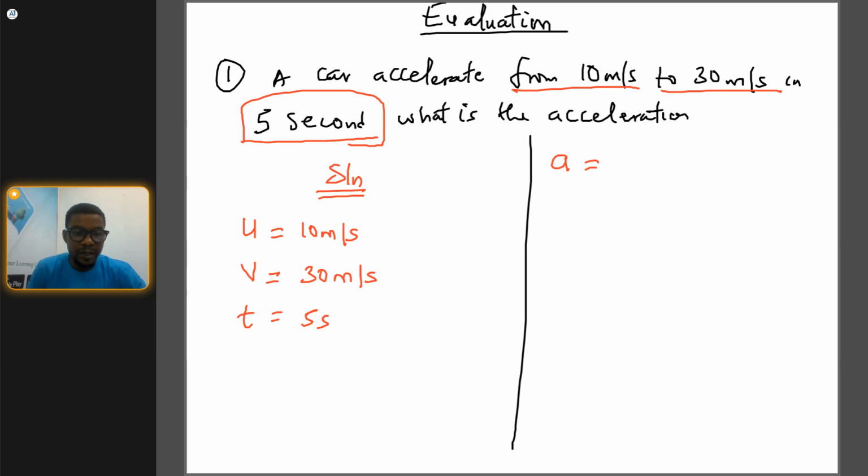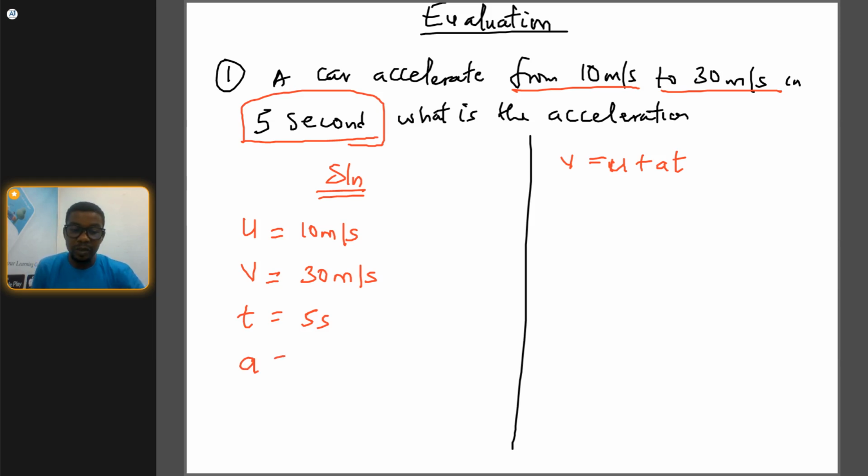One of the formulas states that V equals U plus AT. Now, why do I have to use this formula? Let me tell you the reason behind it. When you list out your parameters, it will help you to know which formula to use.